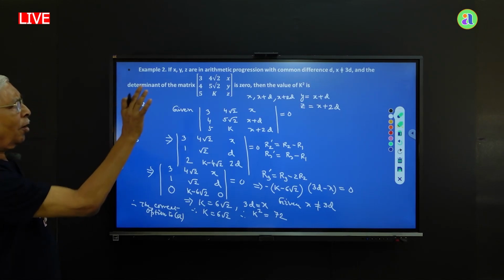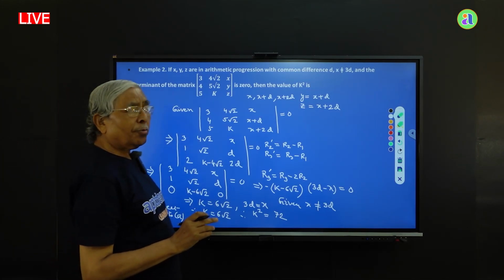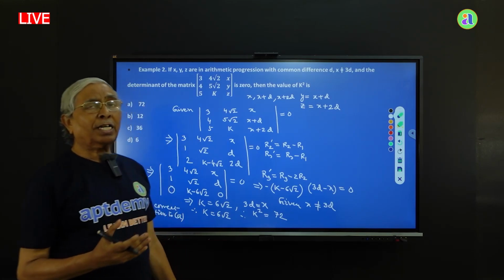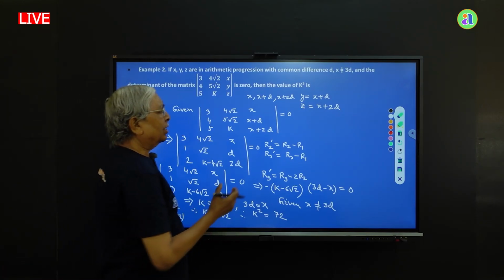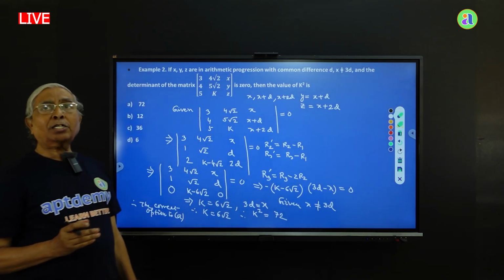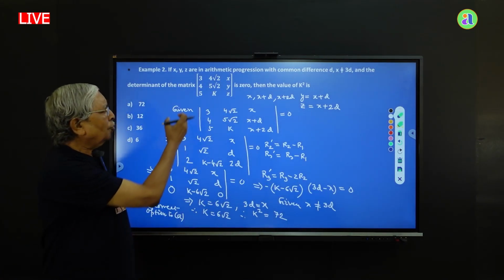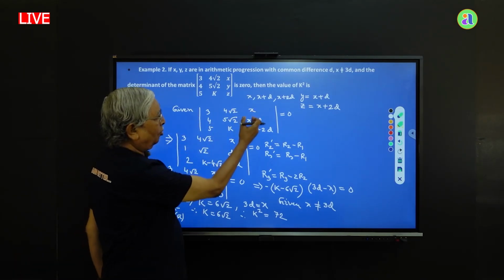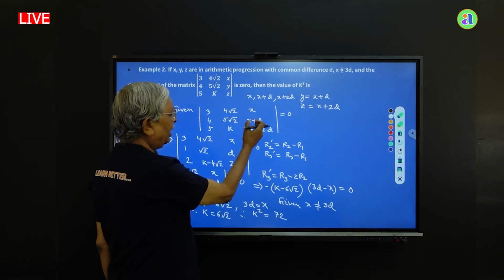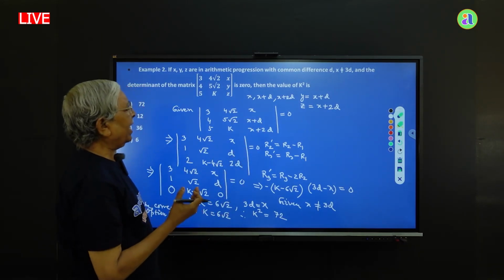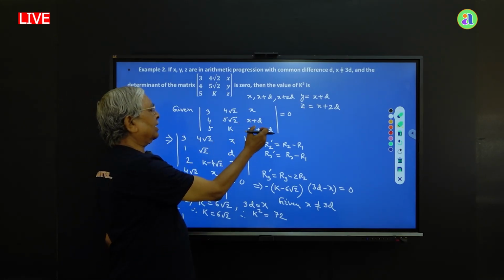This is a very interesting problem. The x, y, z are in AP with common difference d. So at once you can write y is equal to x plus d, z equal to x plus 2d. Now you are given that the determinant of this matrix is 0. So put the determinant equal to 0. Now here in the third column, look at x, x plus d, x plus 2d. So you can subtract the first row from the second and the third.